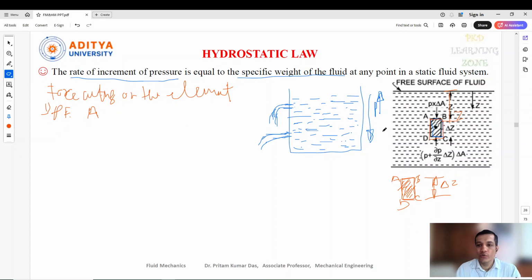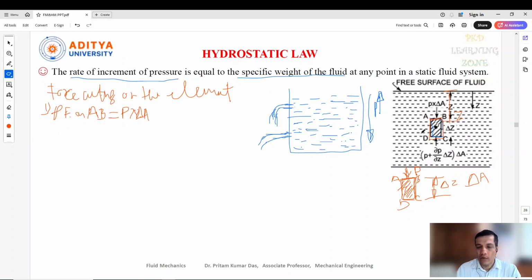The pressure force acting on the surface AB, if you see, is a normal pressure, that is P. When we calculate the pressure force on surface AB, we need the pressure applied and the area. The area of this fluid element, let's consider that as delta A, the cross-sectional area of this fluid element. So here we can write P into delta A.